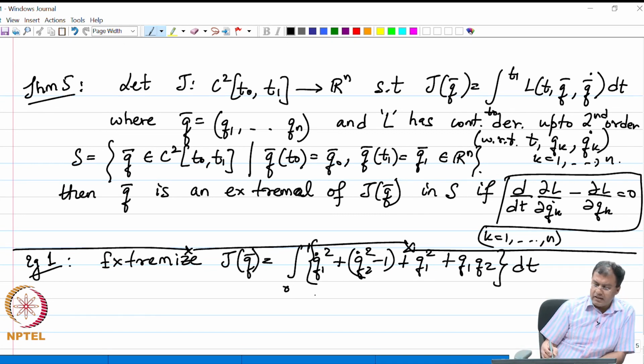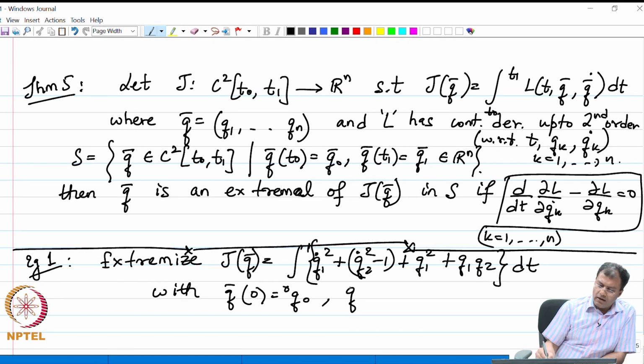We see that in this case the functional has an integrand with two dependent variables q1 and q2, and both depend on the independent variable t. Let me also provide the boundary condition, where q bar of 0 is q0 and q bar of 1 is q1.